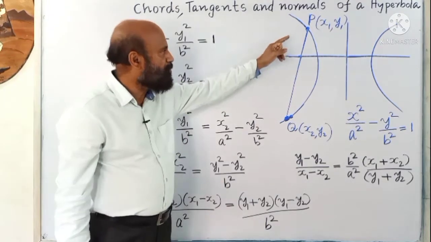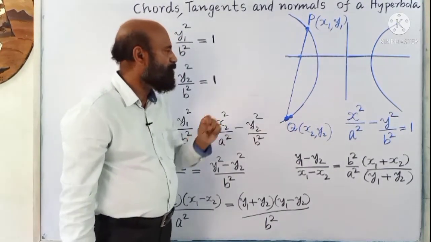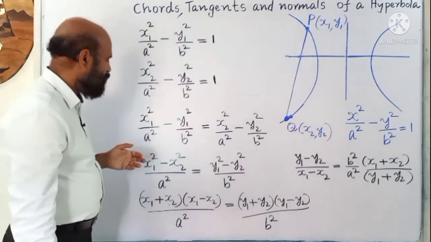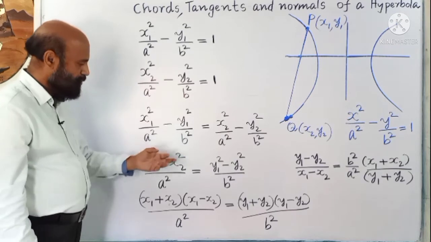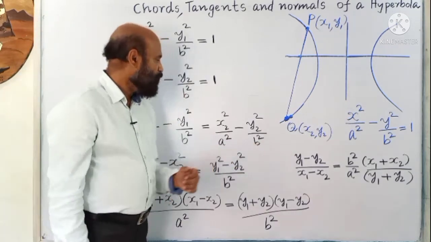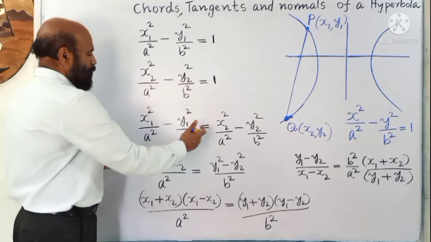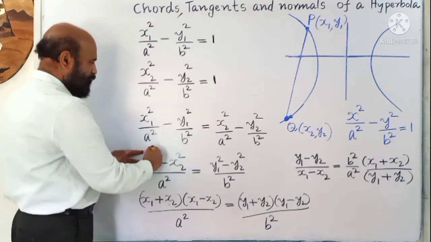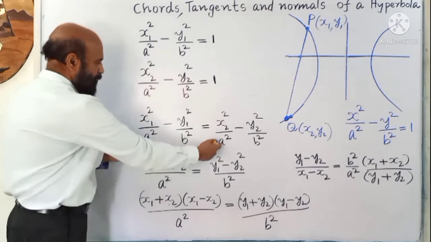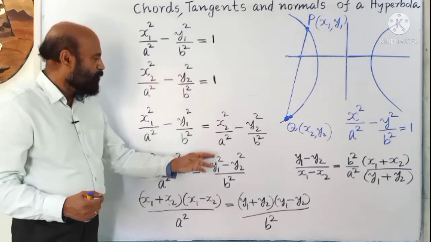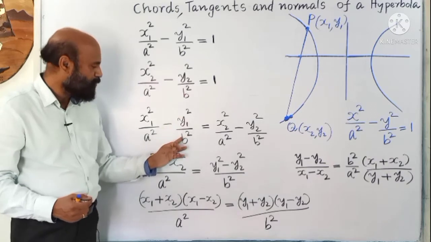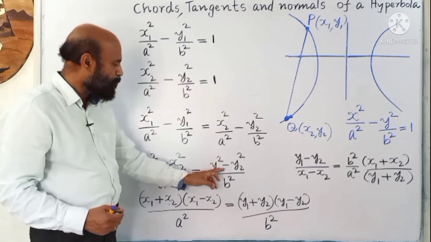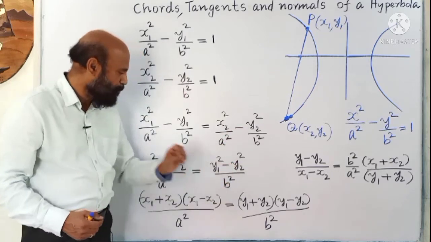Our aim is to get the slope of this chord. PQ is the chord. Then we have to get the change in y coordinate by change in x coordinate. For that you take this to this side. So now x1 square minus x2 square divided by a square is equal to y1 square minus y2 square divided by b square, taking it to the other side.